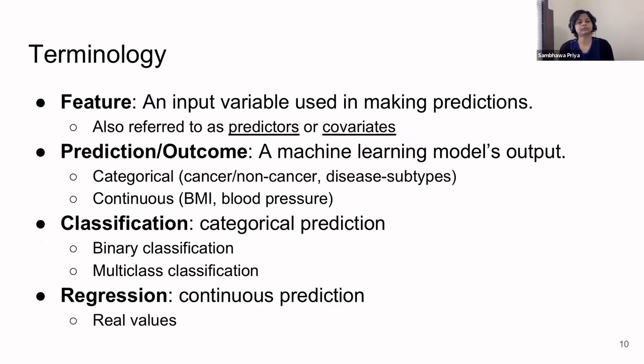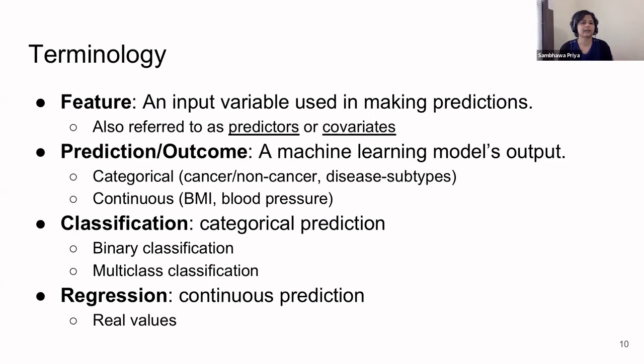Feature. This refers to an input variable that is used in making predictions, and it's also referred to as predictors or covariates. If you come across these terms, they're basically interchangeable with features. And prediction or outcome is the machine learning model's output.